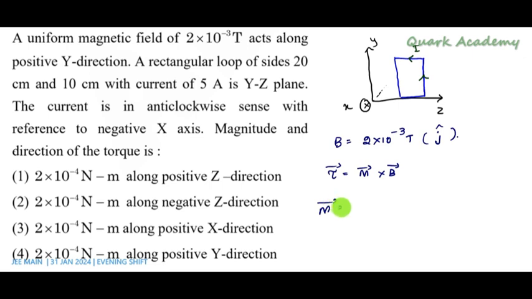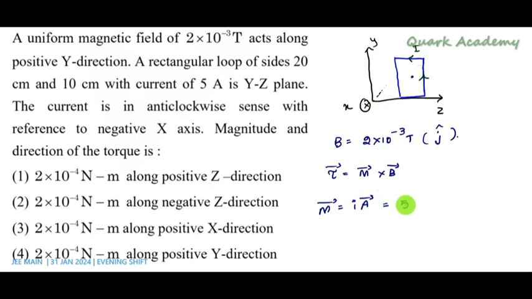So magnetic moment is I times A, where A is the area vector and area vector is in the direction of the magnetic field given by this current at the center. So at the center, the magnetic field will be out of the page, which means it is in negative x-axis direction.